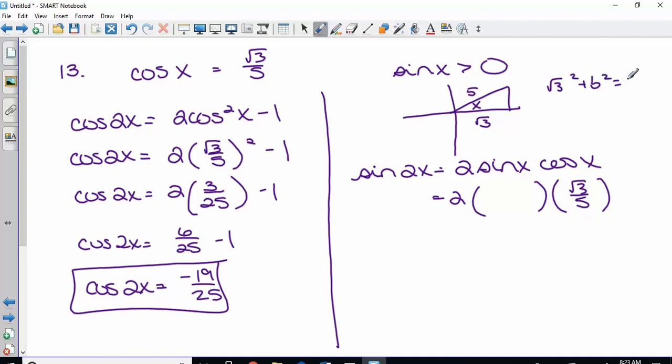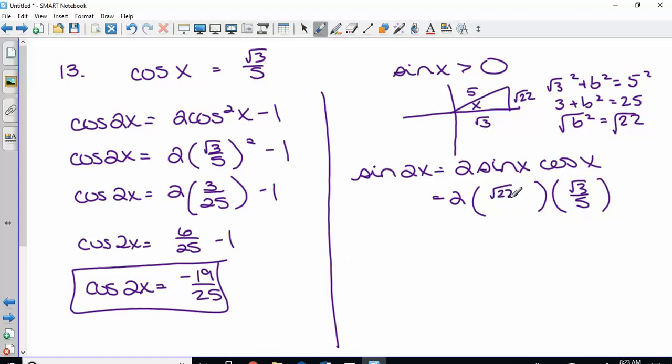So we do Pythagorean theorem. We get b squared equals 22. Then to get rid of a square, you square root. Because we're in the first quadrant, that's a positive. So that's radical 22.